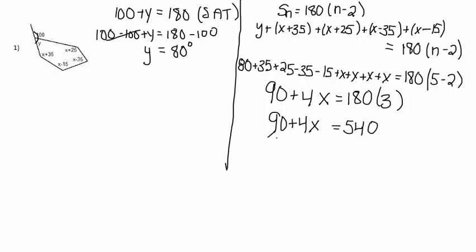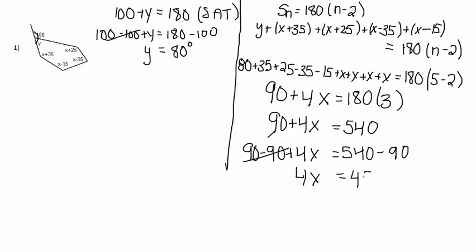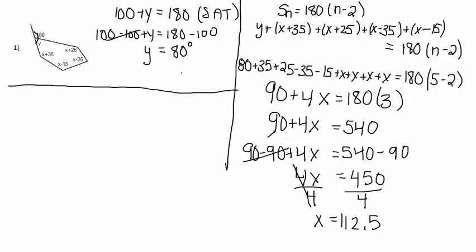And finally, if we subtract 90 from both sides, these cancel out, and we're left with 4x equals 450. And then let's divide both sides by 4. And we're left with x equals 112.5 degrees.